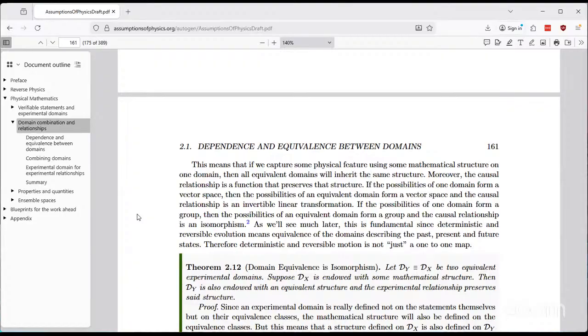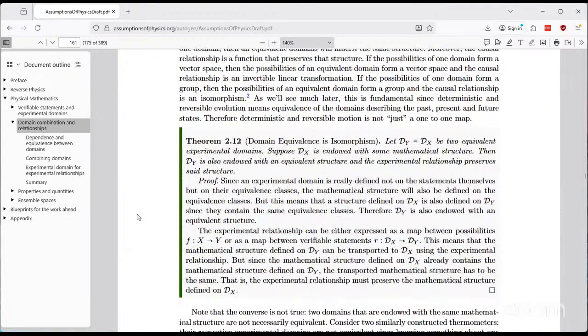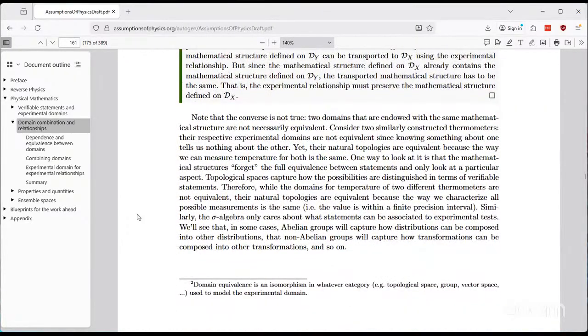If the possibilities of one domain form a group, then the possibilities of an equivalent domain form a group, and the causal relationship is an isomorphism. There's a footnote: domain equivalence is an isomorphism in whatever category, for example topological space, group, vector space, and so on, used to model the experimental domain.